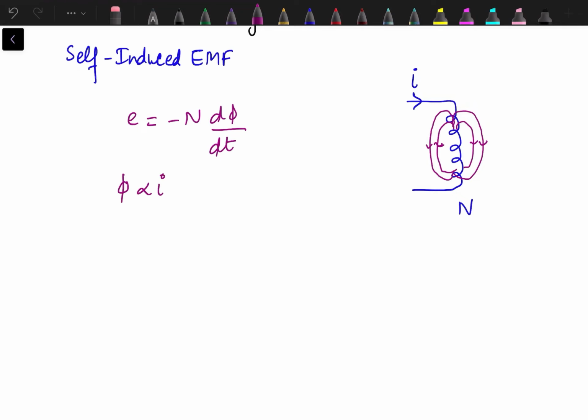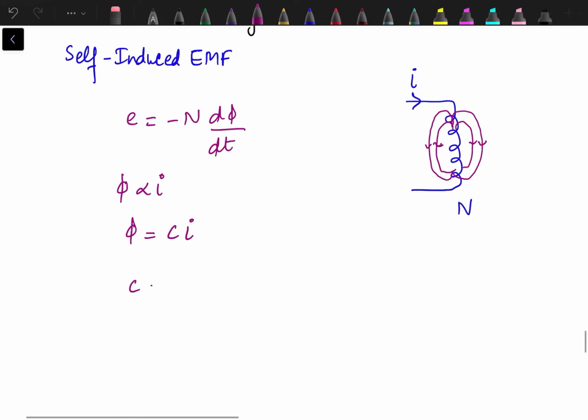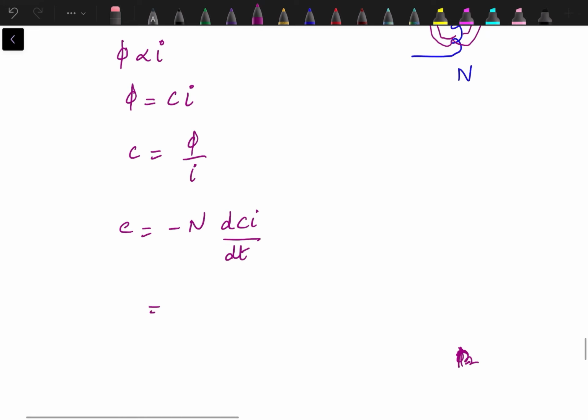Now this phi is proportional to current I. So we can write that phi is equal to C into I, where C is a constant, or this constant can be written as phi by I. Now in the EMF equation, if we use the value of phi as C into I, since C is constant, it will come out of the differentiation: minus N C di by dt.